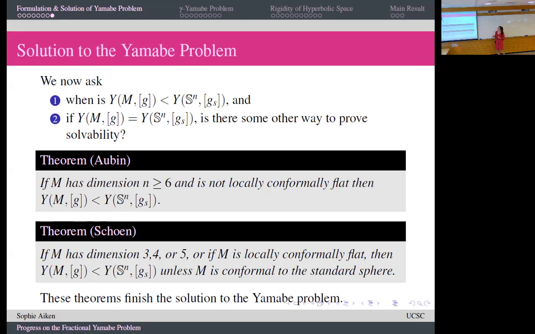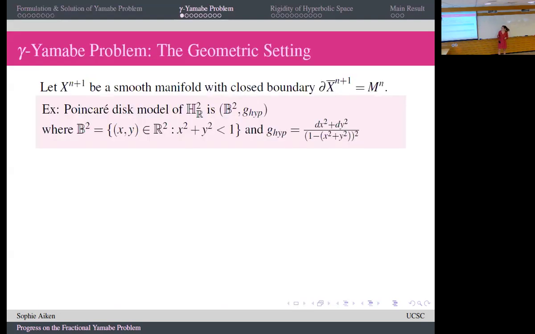And now we want to talk a little bit about formulating a fractional version. Okay. So a bit of geometric background to set the stage for the problem. I still want to be considering as my main Riemannian manifold of interest this M, but I now want to consider it as the boundary of some higher dimensional manifold.